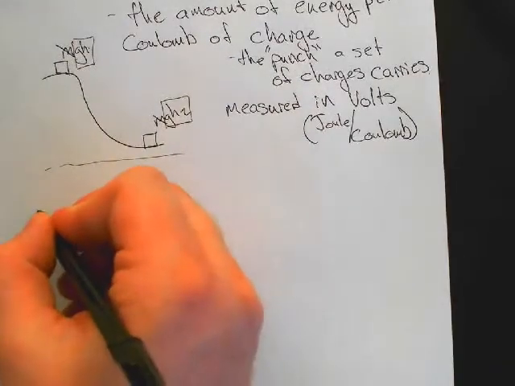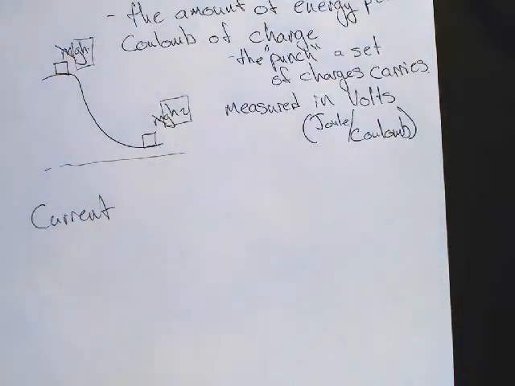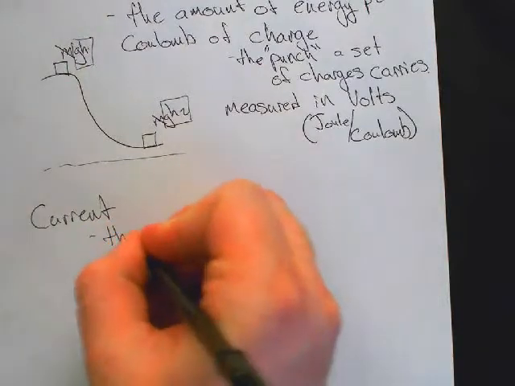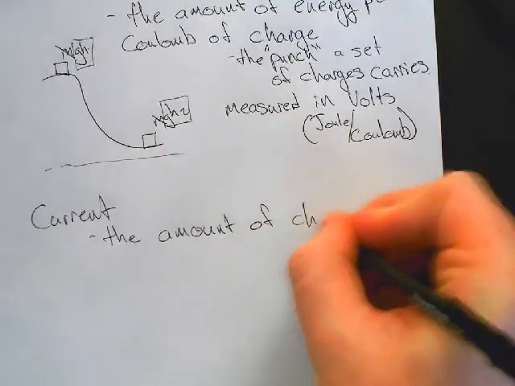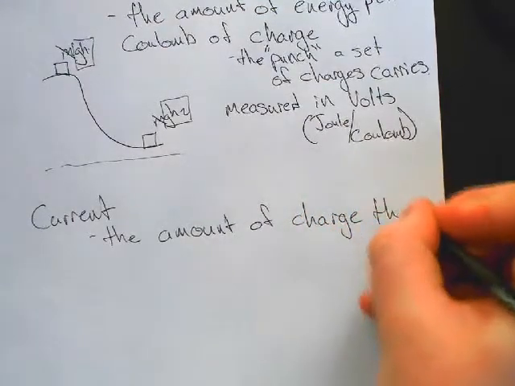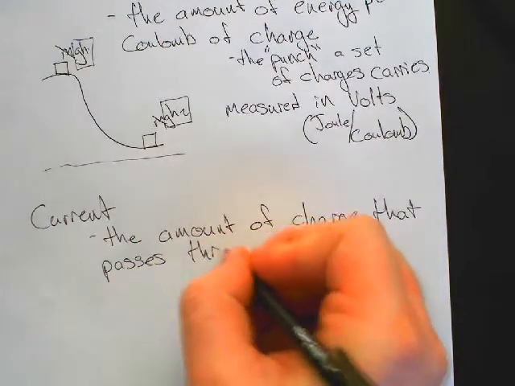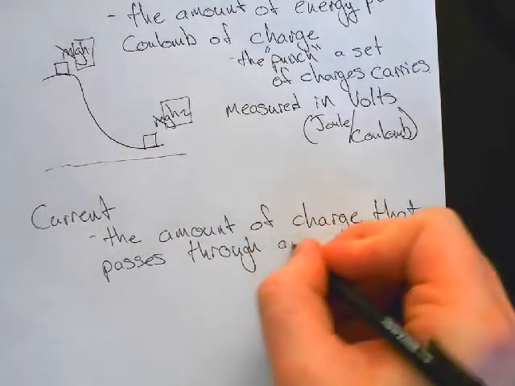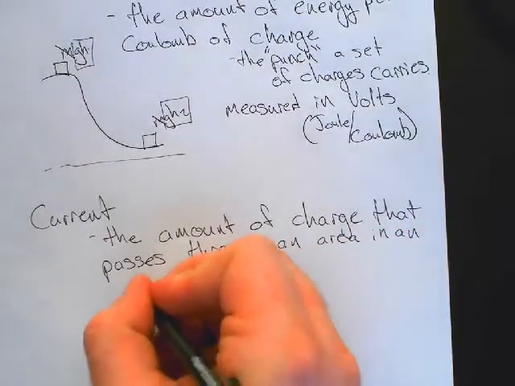Next one, current. Current is the flow of electrons, simply stated. It's the amount of charge that passes through an area in a given amount of time. So the amount of charge that passes through an area in an amount of time.